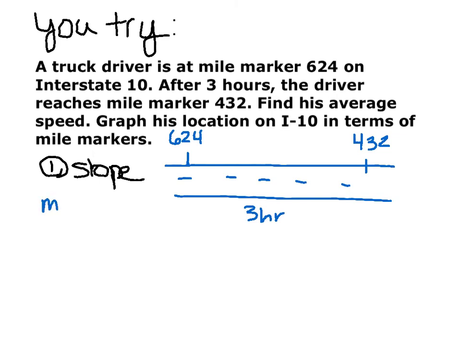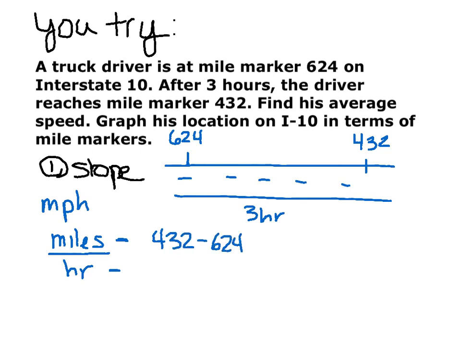Average speed is miles per hour. So we need the change in miles over the change in hours, the change in distance over the change in time. 432 minus 624. That gives me my change in miles. Okay, I'm at 192 miles.